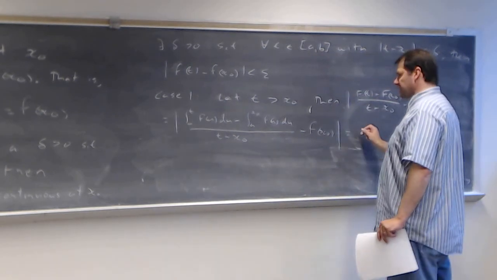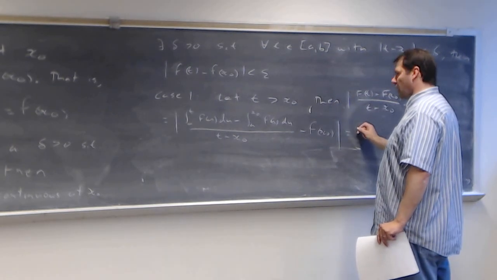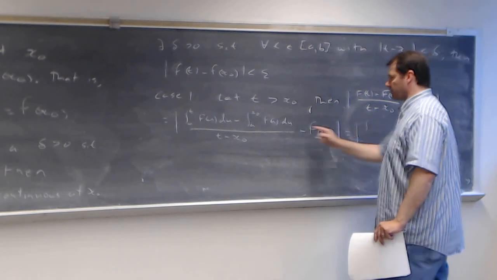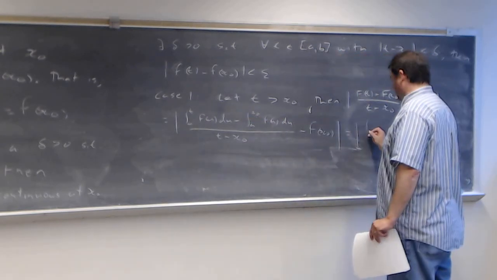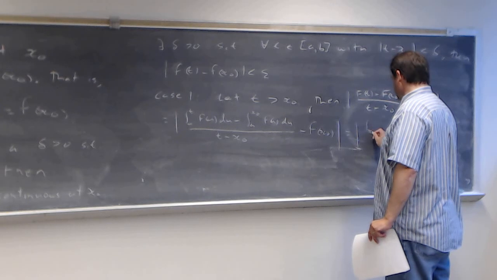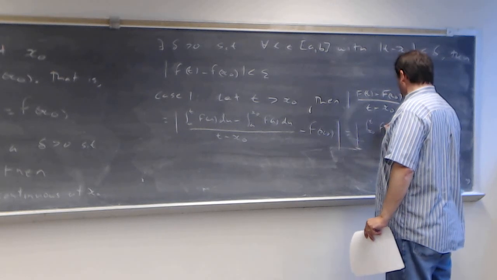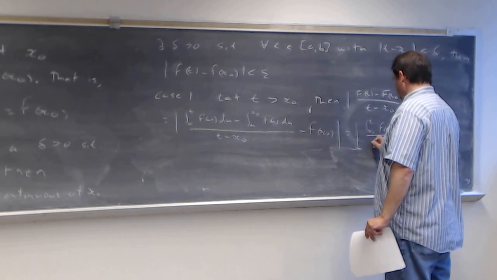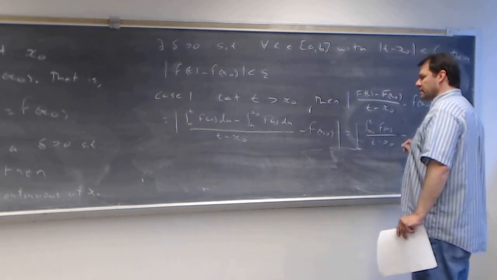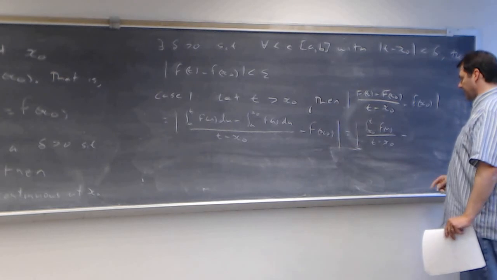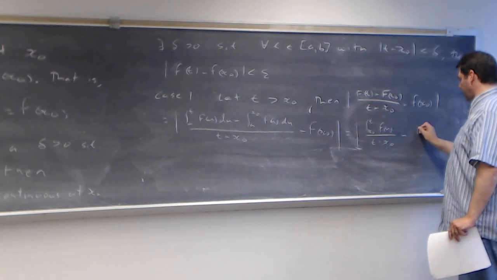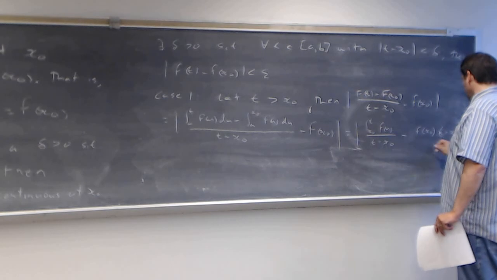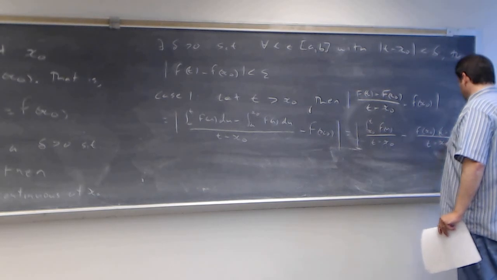And then this is equal to the absolute value. Since t is bigger, the difference here is going to be the integral from x naught up to t of f of u, over t minus x naught, minus, and here I'm going to get a common denominator, f of x naught times t minus x naught over t minus x naught.